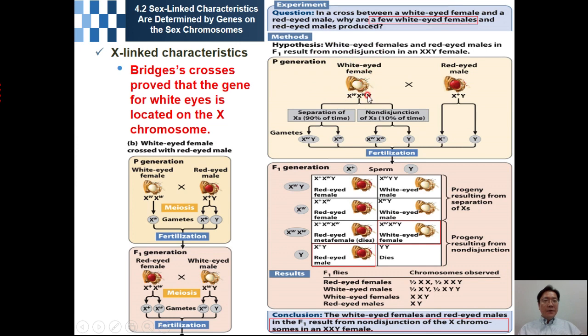Okay, so they cross her with the red-eyed male. So this is X plus Y. Usually when the separation happens, the gamete from this one will become XWY and XW.